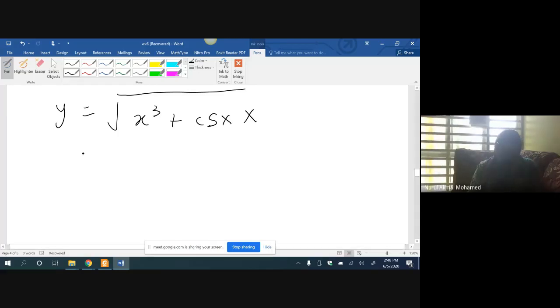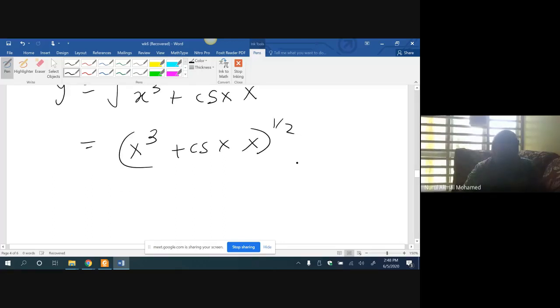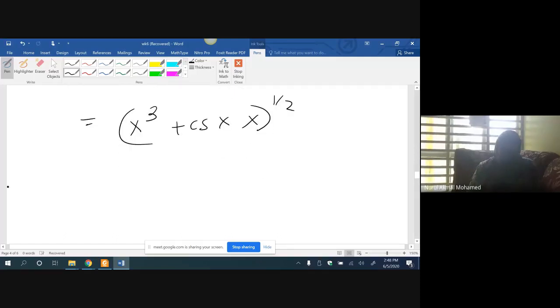So this is equal to (x cubed plus cosecant x) to the power of 1/2. And then can you represent the whole thing, the inner expression, as u? Let's try to do it.